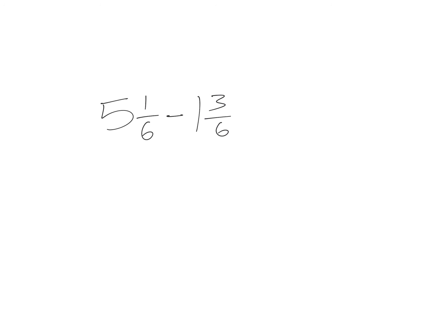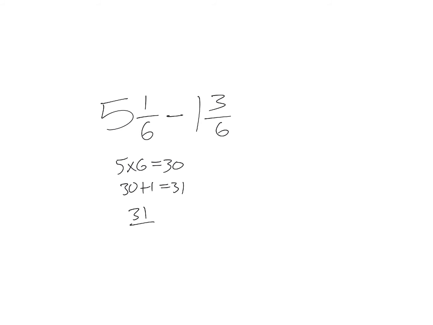So here we have another, 5 1/6 minus 1 3/6. I'm going to go through the same operation. I'm going to convert both of these mixed numbers into improper fractions, and then I'm going to go from there. So we have 5 times 6 equals 30, and 30 plus 1 equals 31.